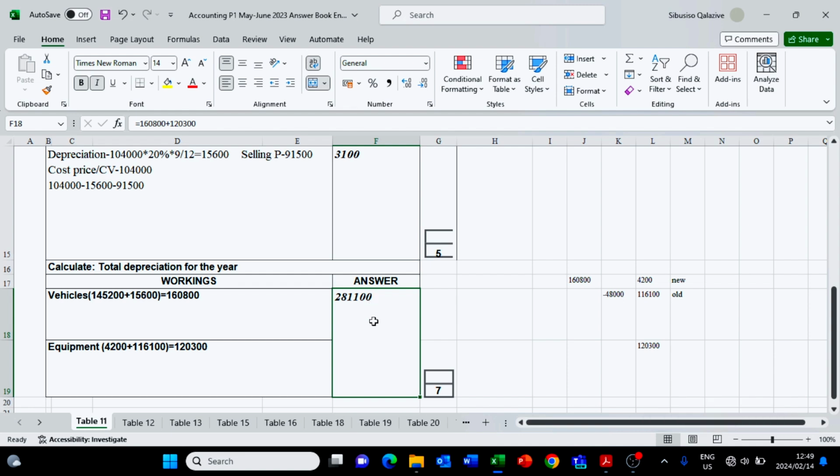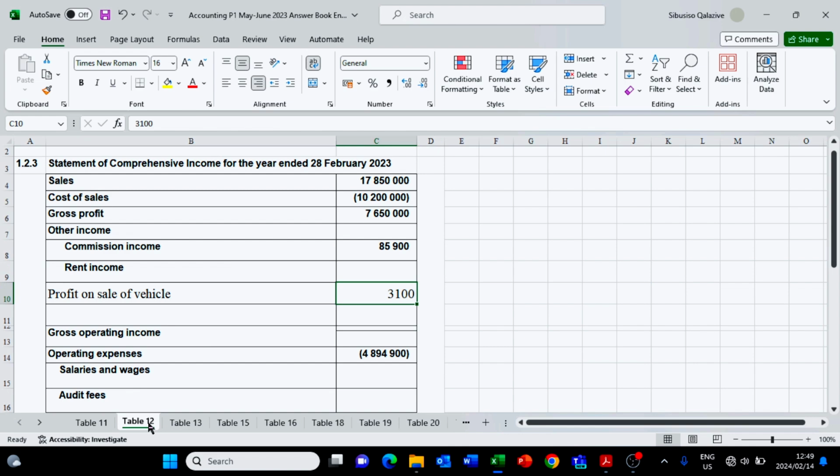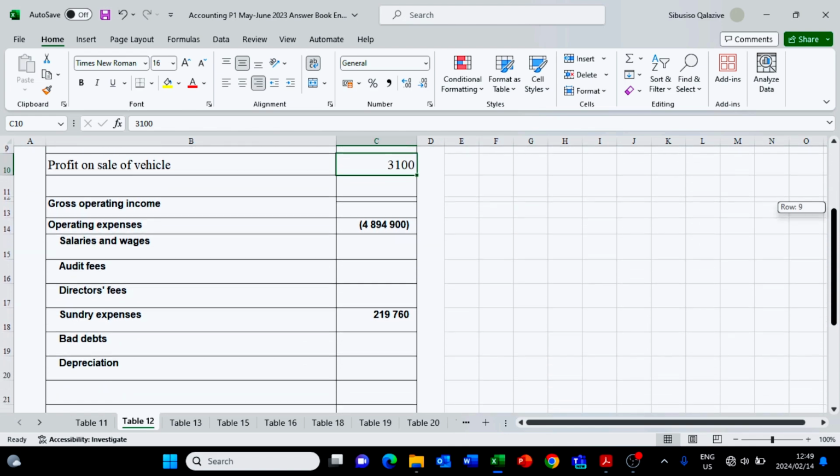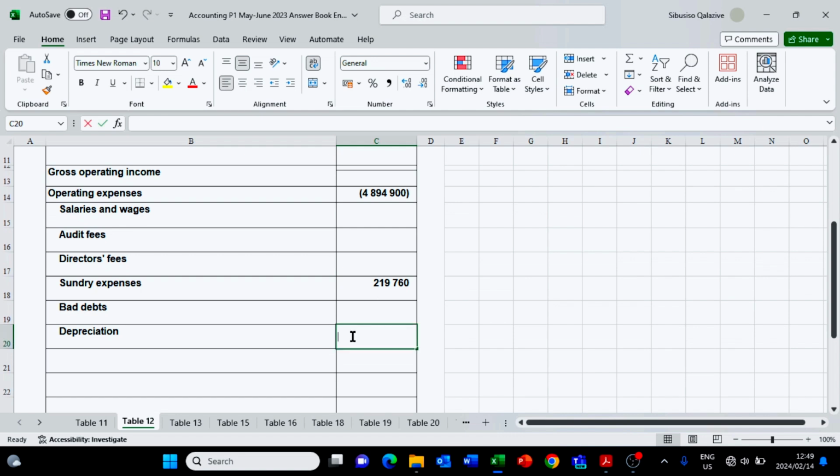So now this is the total depreciation for the year ended February 2023. This depreciation, we have to go record it on our income statement. How much was it?